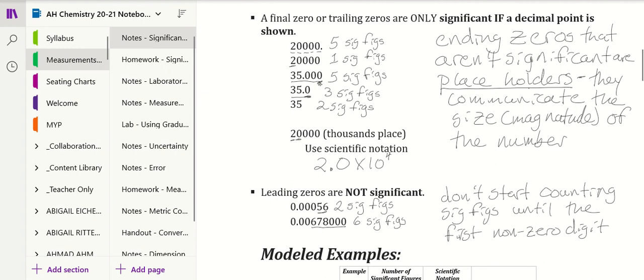Another thing about significant figures, if you're looking at a given number, you're not going to start counting significant figures, stop, and then start again. All of the digits, once you start counting, will be significant until you reach a digit that's not significant, and then you stop counting significant figures for that digit. And if you follow the rules, they're built so that that won't happen.